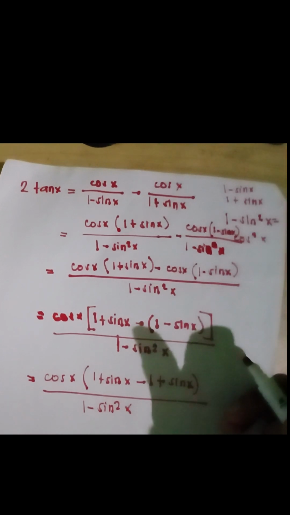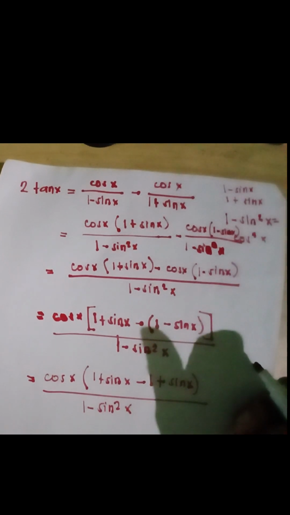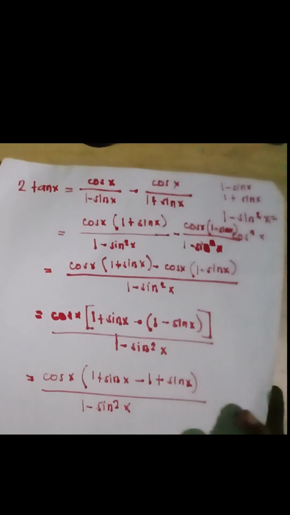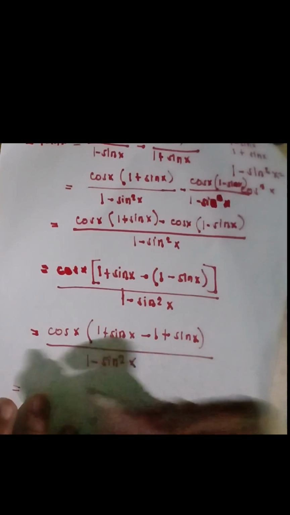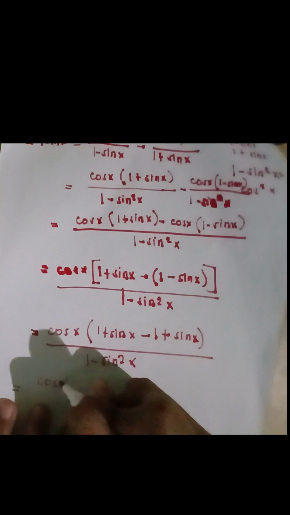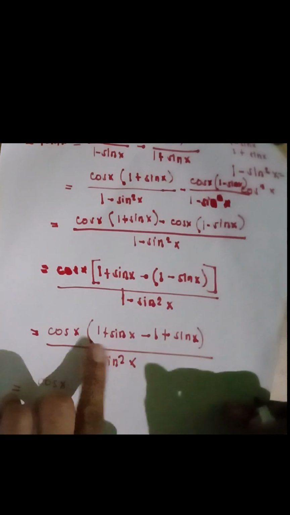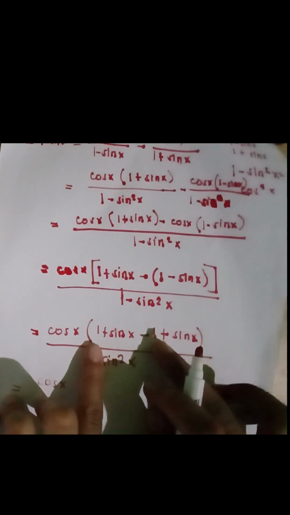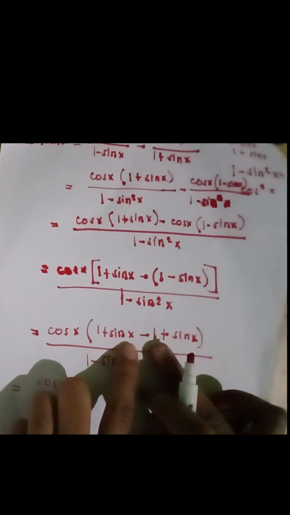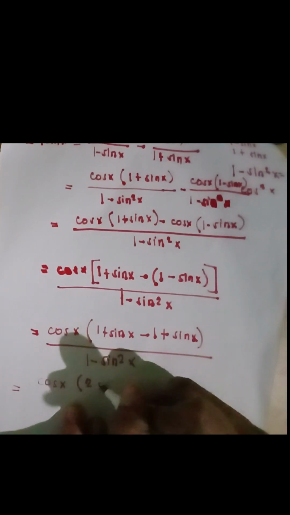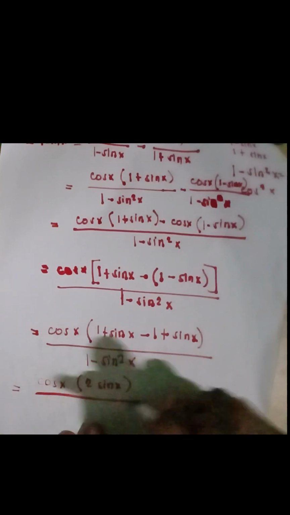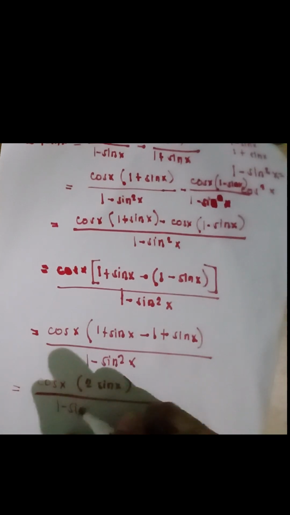So now let's simplify this given expression. So we have here a cosine x. So 1 minus 1 is equal to 0, and sine x plus sine x is 2 sine x over 1 minus sine squared x.